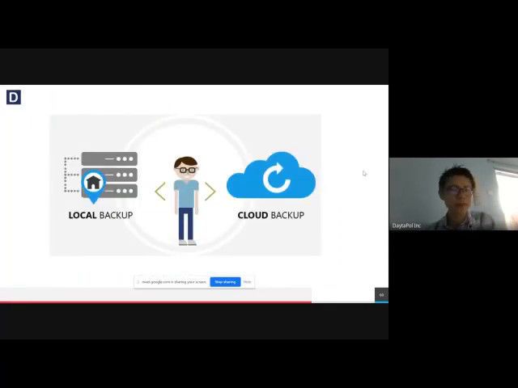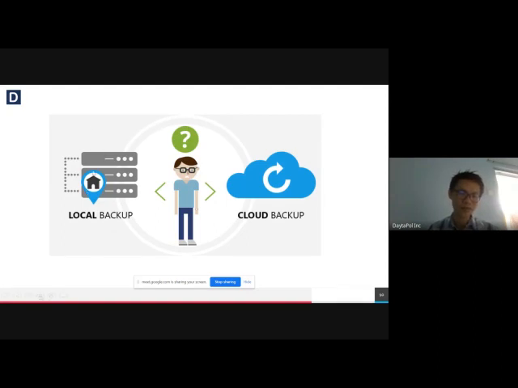And then I focus more on the very important topic, that is backup. Technically, backup is split into 2. One is the local backup, as in you back up on-premise, as in your home, your office, or wherever it is.